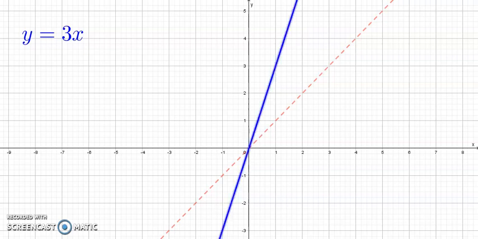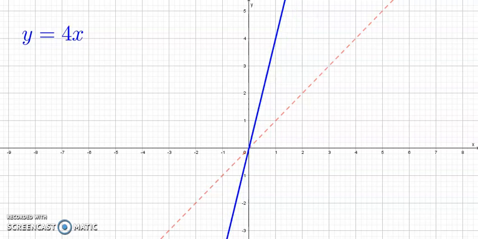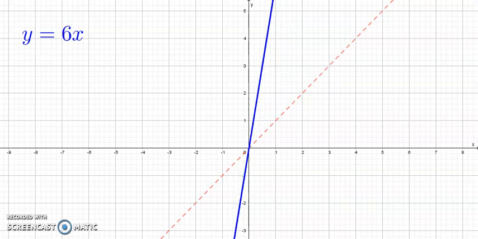So you would end up with a graph that does that. So where my output was formerly just 1, it's now going to be 3 times that. It's going to be 3. Where my output was formerly -1, we're tripling that, so it's going to be -3. And so it goes. The higher a becomes, the steeper your graph becomes.